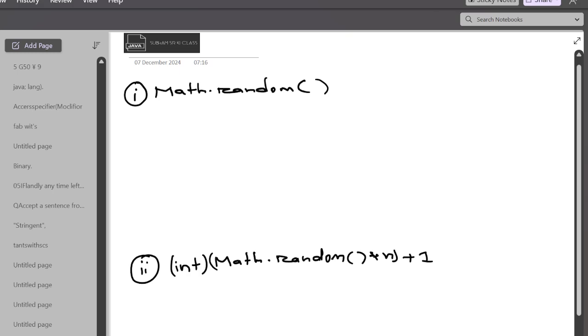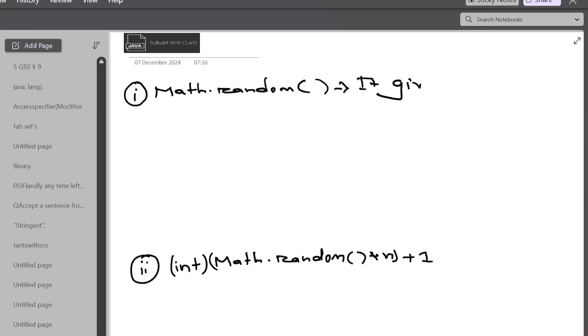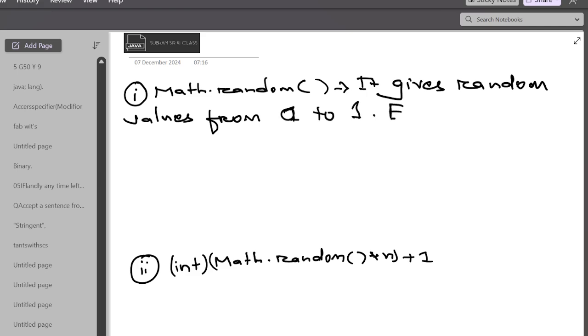So in the previous chart, I have already explained the use of Math.random. It gives random values from 0 to 1, excluding 0 and 1.